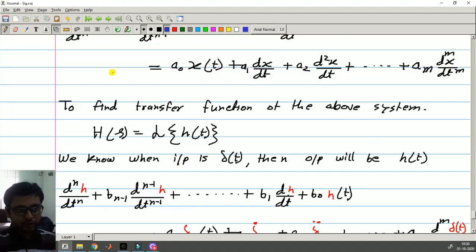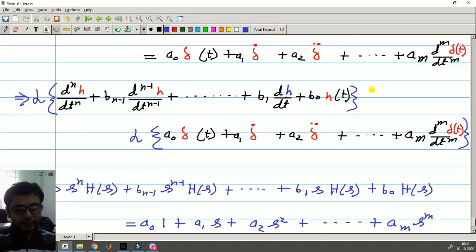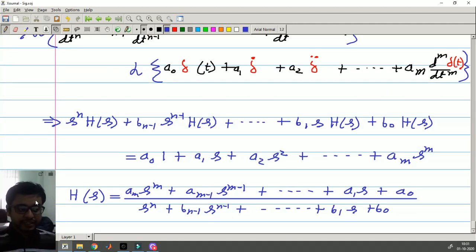And also, if you have any arbitrary input given, you can now calculate the Laplace transform of the output from this equation, H(s)X(s), and then you can take the Laplace inverse to get the output. Okay, so sometimes it is easier to get the transfer function directly without calculating the impulse response first.